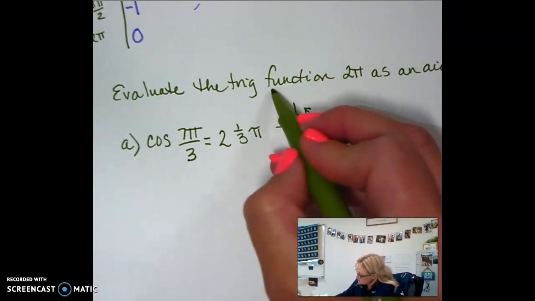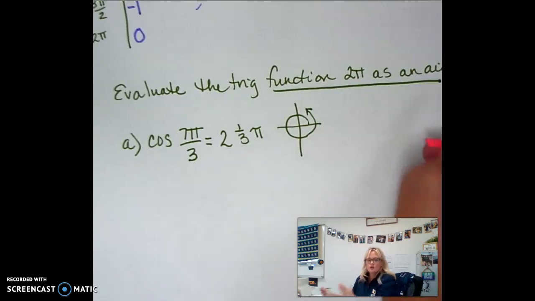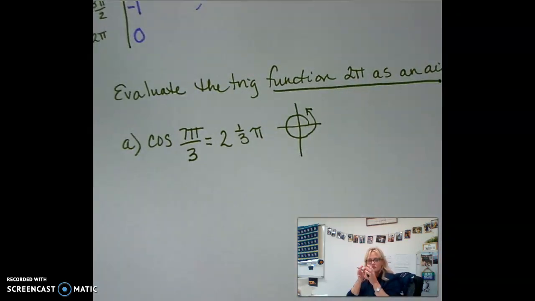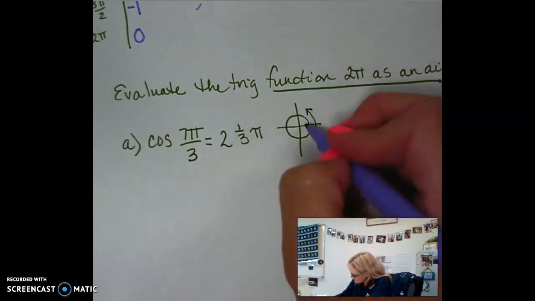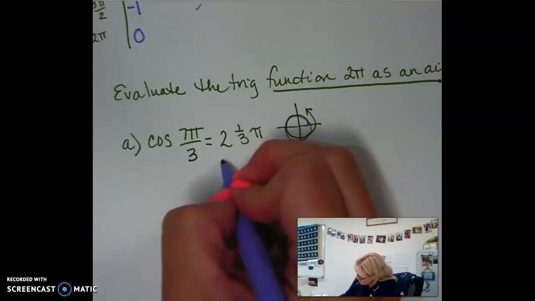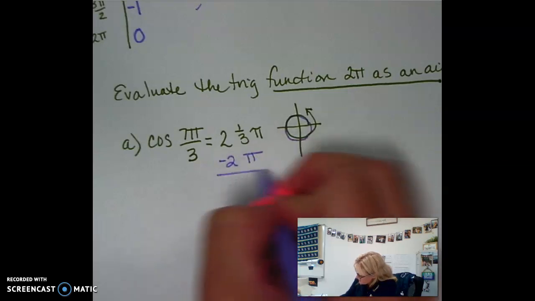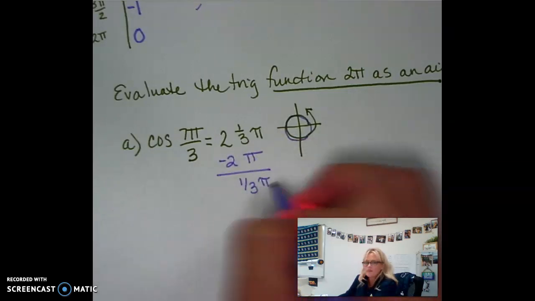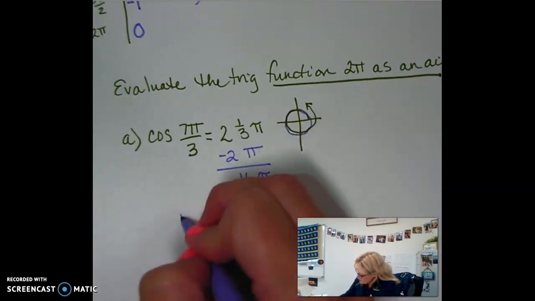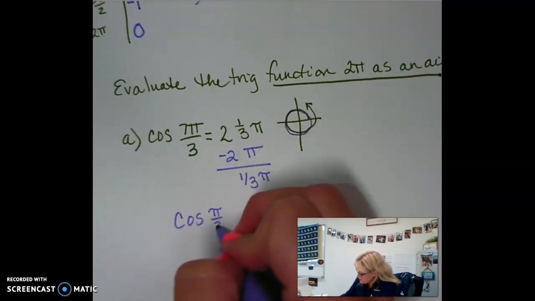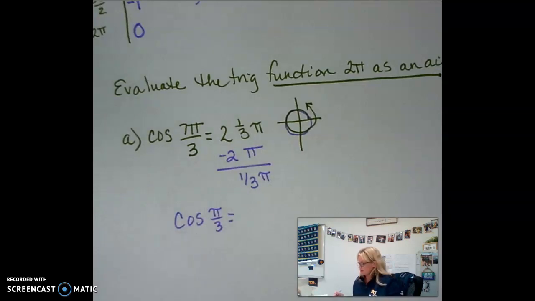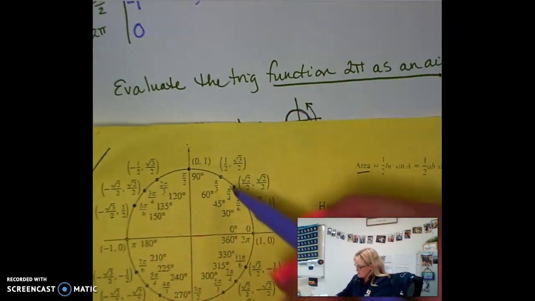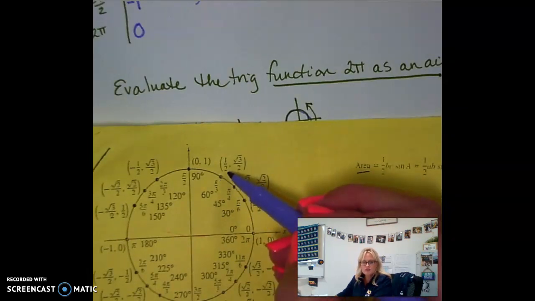So when it says to use 2 pi as an aid, we want to take out any extra rotations and just look at it within the one rotation. So if I take out this extra rotation, I have to take out 2 pi. So now I'm at 1/3 of a pi. Well, can you find the cosine of pi over 3? You sure can. Pi over 3 is the same as 60 degrees, and cosine is my x value, so my answer is 1/2.